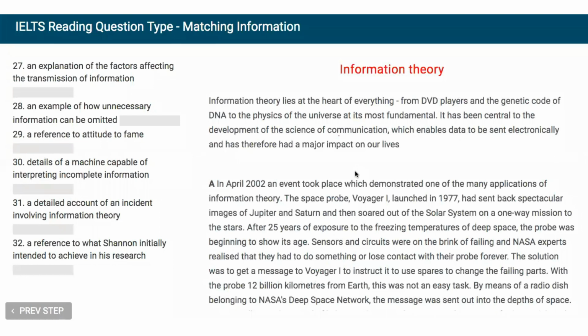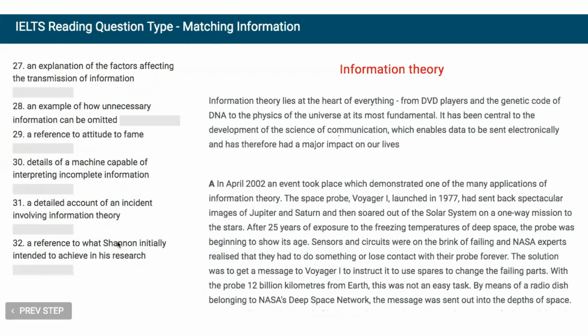And basically, this question type is asking you to understand various details and specific information. You see that all of these pieces of information are quite specific. They could include details or examples, as you see here. It could include reasons or references, summaries, explanations. We'll look over the most common types today.